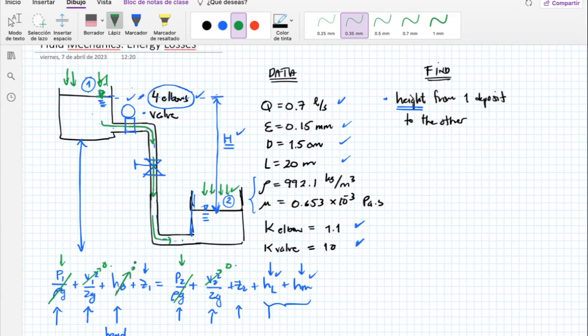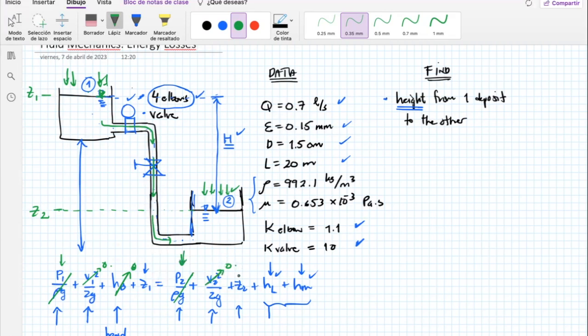There is no pump. I'm going to think that there is no pump there. And Z1 is not 0. This one is going to be Z1 and this one is going to be Z2. So this one is going to be the level of Z2. P2 and V2 we already know what to do with.